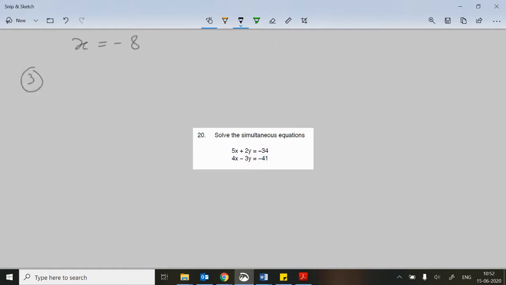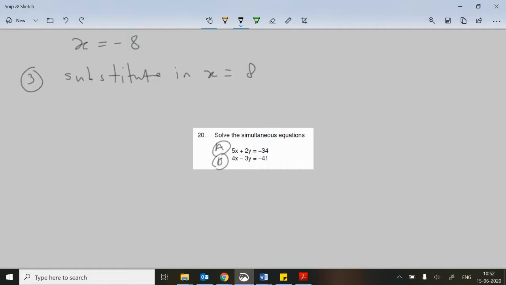Now my third step is going to be substitute in x equals -8. And we have our two equations which we called A and B. And we're going to choose the easiest of these two. And I think A looks the easiest because it's got all pluses. Mostly it's got pluses on this side. So pluses are easier.